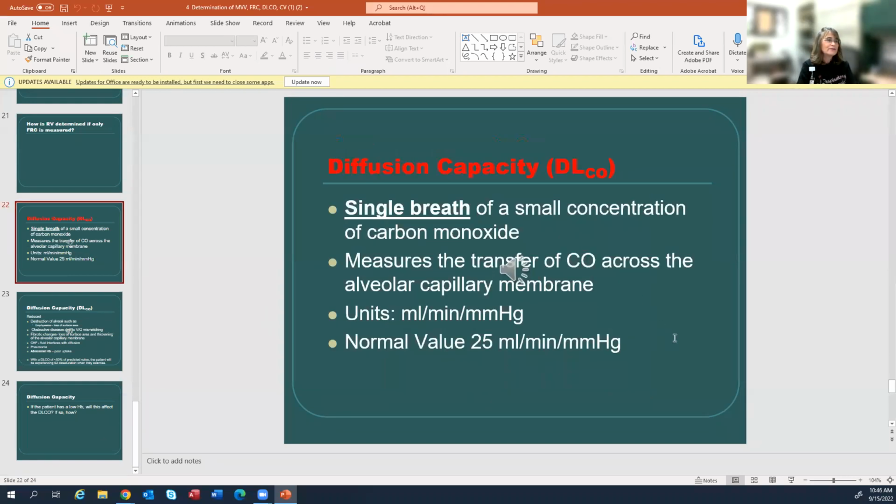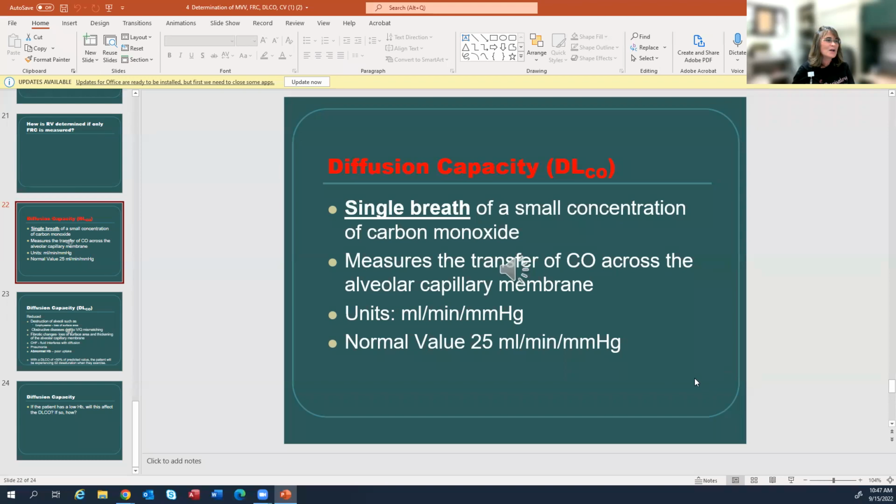And then we talked about diffusion capacity, DLCO. A diffusion limited gas such as carbon monoxide is used. I told you guys the proper name during lecture, so I don't want to restate it.